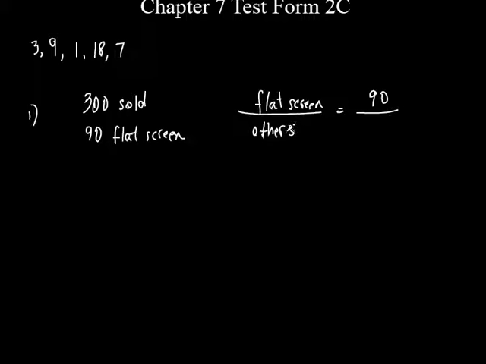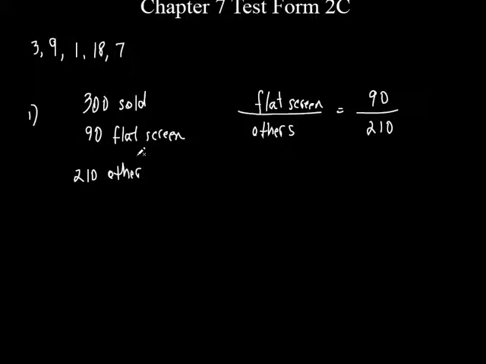To the others. What is the 300? The 300 is the total that were sold, right? Because you got flat screen and you got non-flat screen, right? So it's 210. Good. All right, how'd you get 210? That's right, because if there was a total of 300 sold and only 90 of them were flat screens, how many were the other? That would be 210 would be the other.